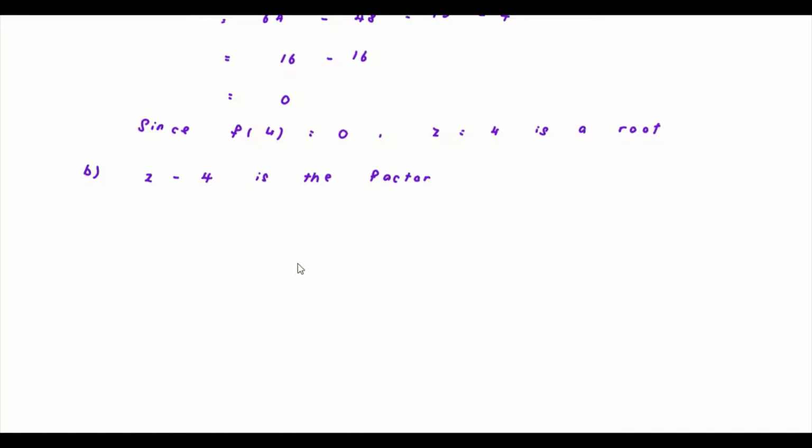So when I expand it, I will have z cubed minus 3z squared minus 3z minus 4. Then we use z minus 4 to divide it. So we get z squared.